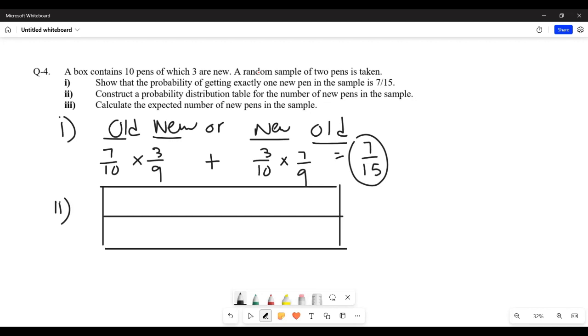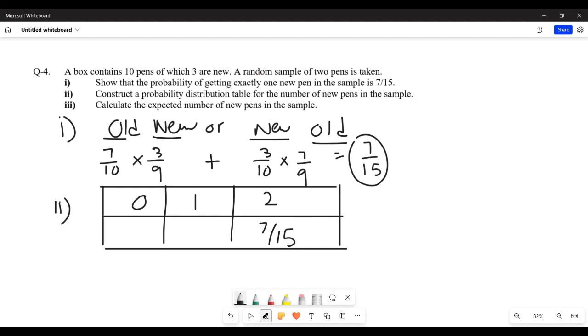Okay, so it could be 0 new pens, 1 new pen, or 2 new pens. 2 pens are being drawn. Maybe you don't get any new pen, maybe you get 1 new pen, or maybe you get 2 new pens. We already know the probability of getting exactly 1 new pen, that's 7 by 15. Now we have to find the probability that no new pens are drawn.